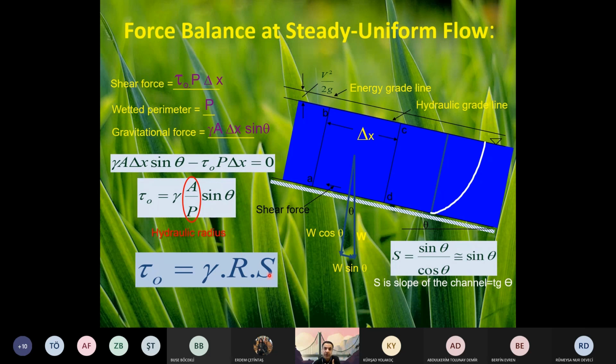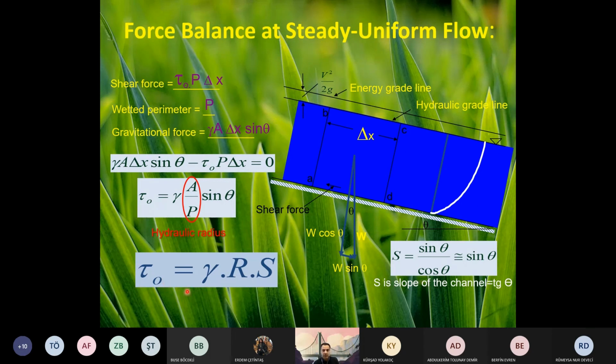These two are geometric characteristics, and what? Water characteristics, density, which is, as I told, commonly 10 to the power of 4. So we now know how to calculate our shear stress.